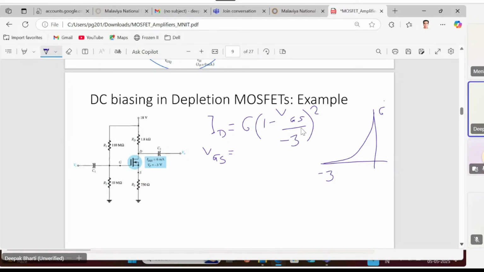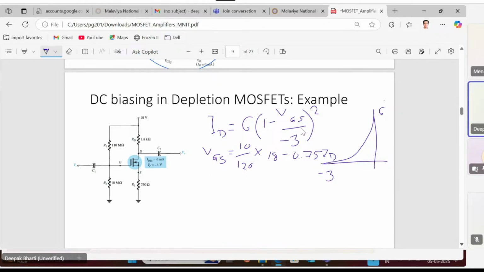So I write it as 10 divided by 120 into 18. That will be my VG. Okay, and I guess this comes out to be maybe 1.5. I'll rewrite it later in the simplified form. So that was the VG term. Now what is RS? RS is 750 ohm. So I will write that as 0.75 ID.